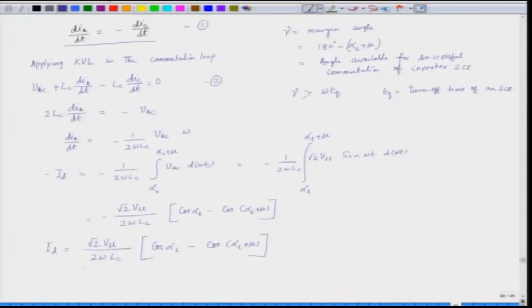So, mu can be evaluated from equation 3 for a given alpha L and Id.